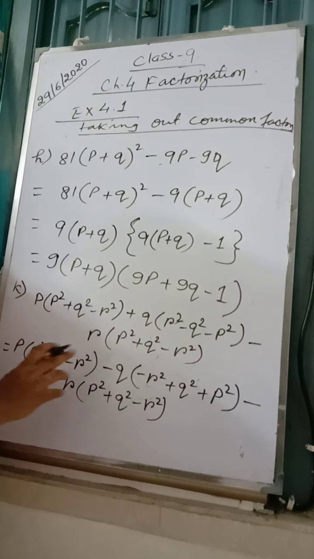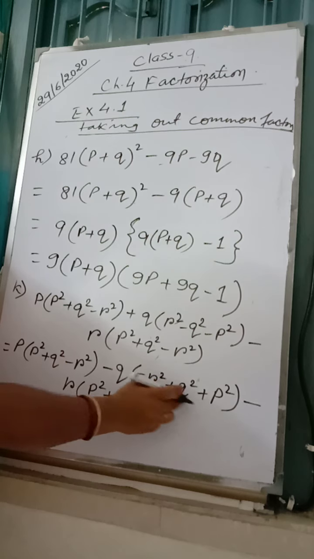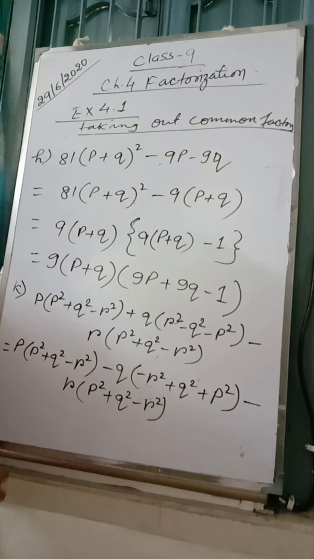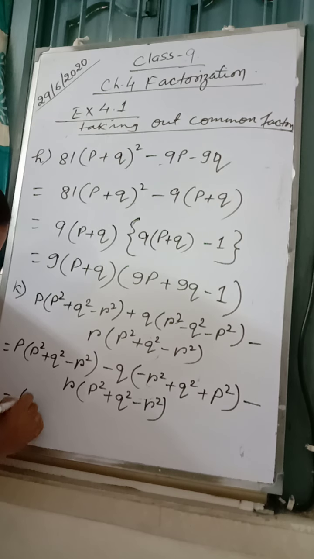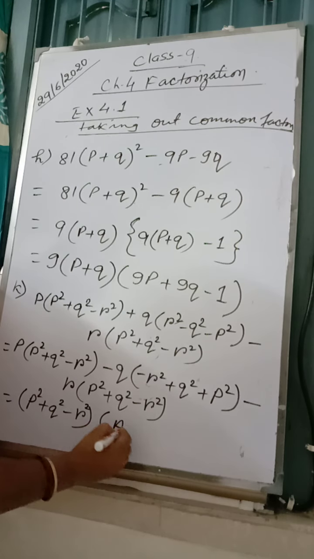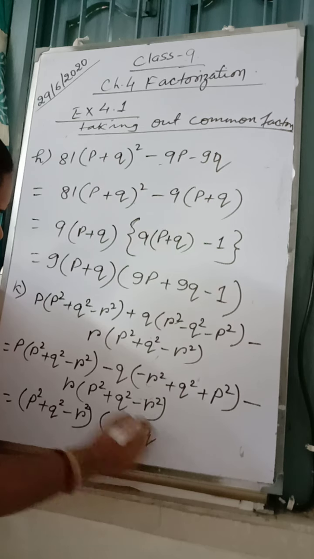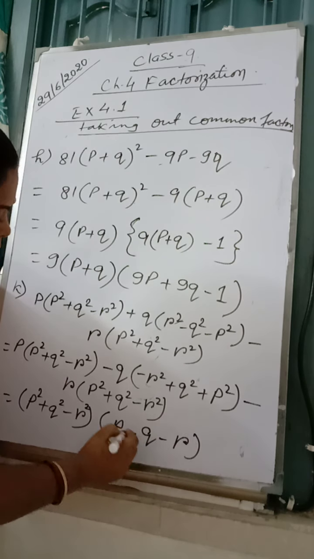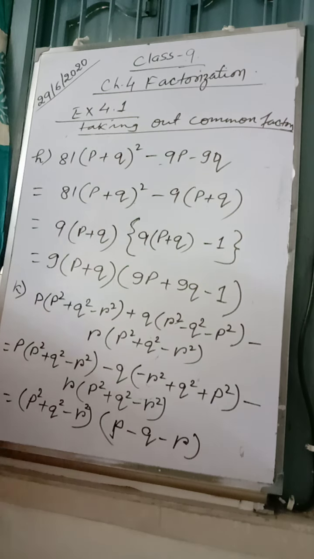Now you can understand why I have changed. I have P, Q positive and R negative, P, Q positive and R negative, and here also P, Q positive and R negative. So we can take this common. P square plus Q square minus R square is taken common. Here I am left with P, here I am left with minus Q, and here I am left with minus R. This will be the answer.